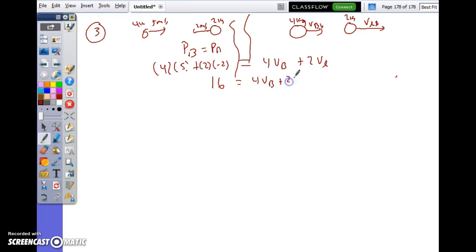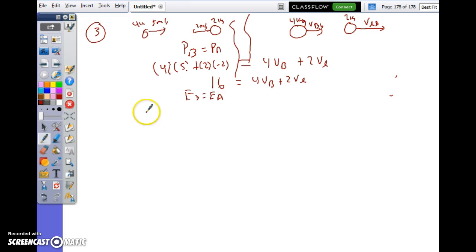When I can't solve something because it has too many variables, what must I do? Find another equation. You may suggest an equation that might involve elastic collisions. Energy. Energy before equals energy after.